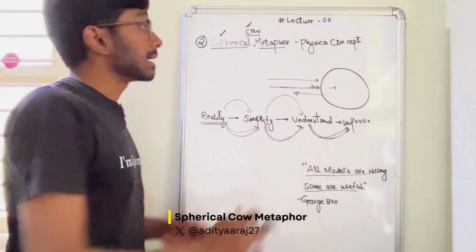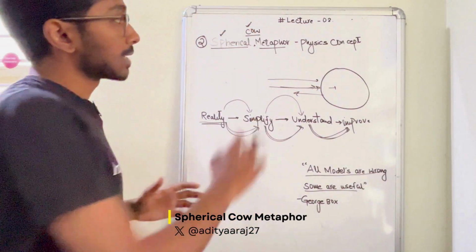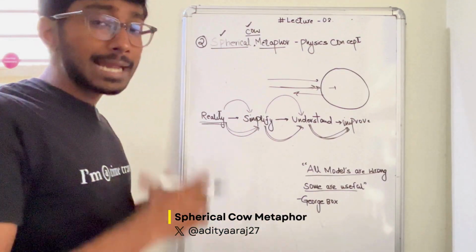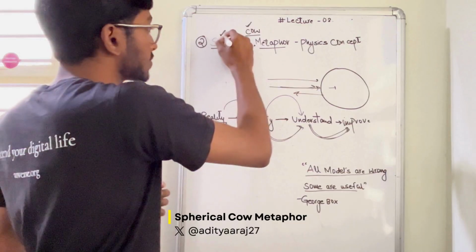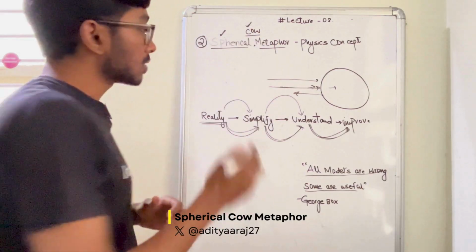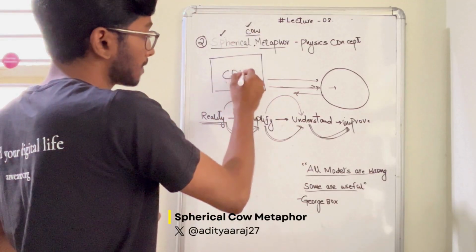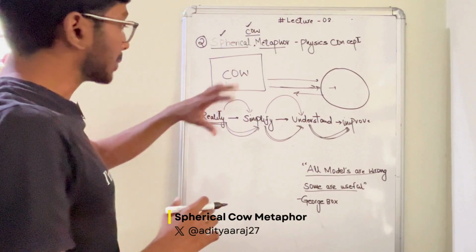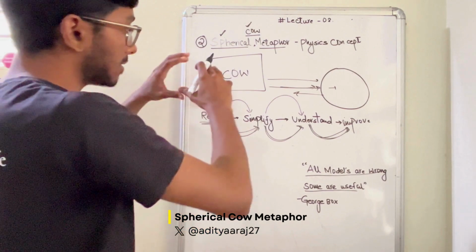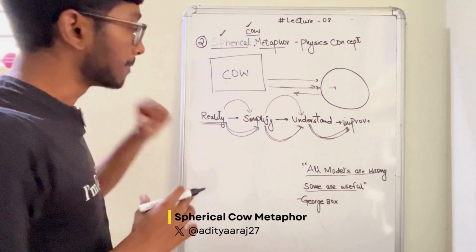The next concept is the spherical cow metaphor. It's a physics-based concept, and the entire concept lies in these two words, spherical and cow. So let's assume this box is a cow. Imagine a real cow standing here with perfect legs, a perfect tail, and all this color combination on its body.